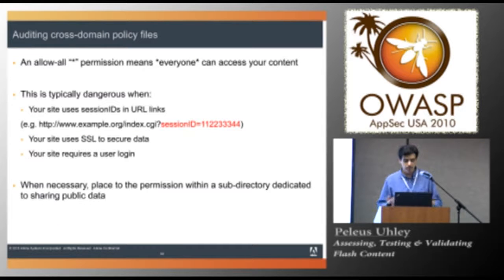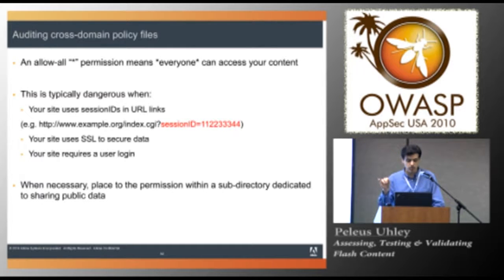But the important things to keep in mind are the things you tend to hear a lot when people talk about cross-domain policy files. A wildcard star value will allow everyone to be able to read your content. This can be dangerous if your site uses session IDs in URL links, because if your URL is appending the JSession ID within the body of the response, that means the JSession cookie value is being sent back in the body of the response where the Swift can read it based on the cross-domain permission.